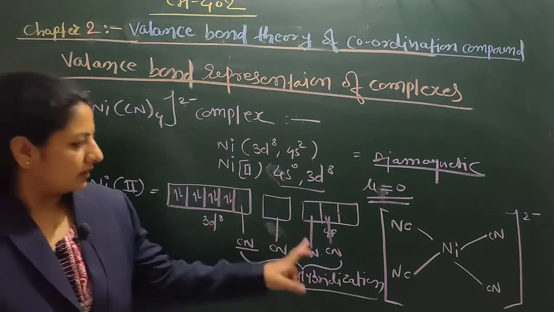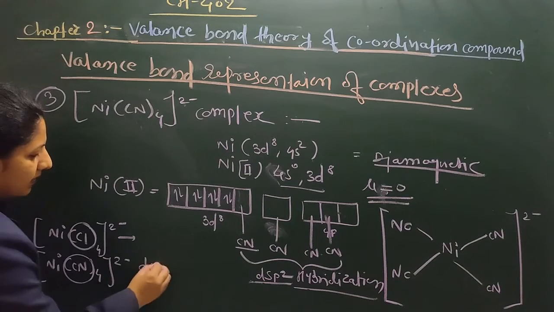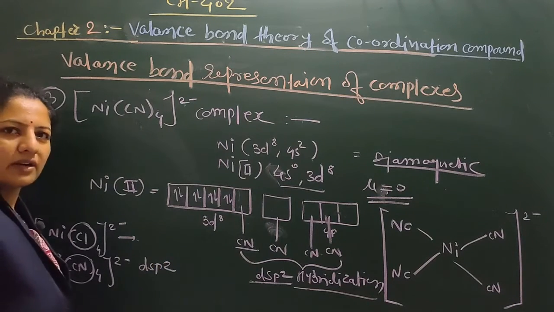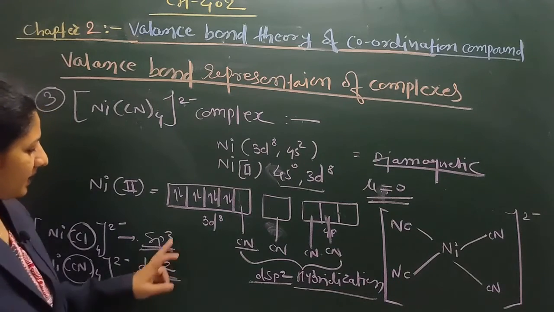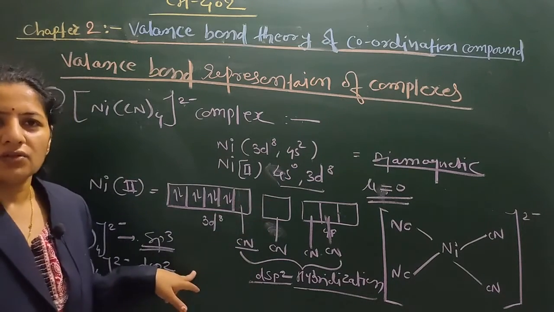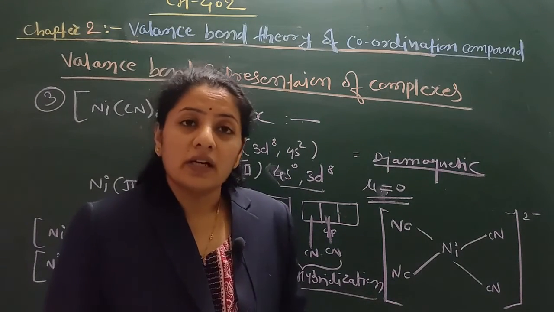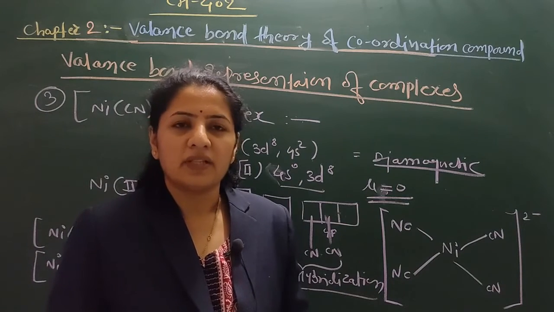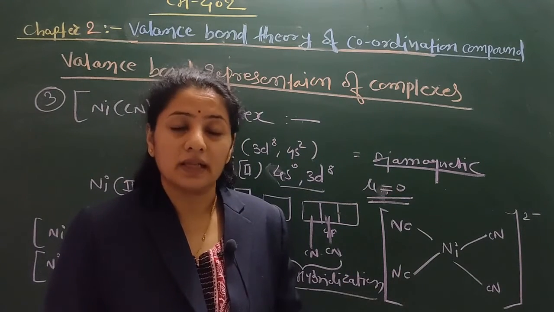So the hybridization is different: dsp2 for this, and for nickel tetrachloride we discussed that it is sp3 hybridization. In magnetic behavior, that one is paramagnetic and this is diamagnetic. This difference is very clearly explained by VBT by representing such complexes with different ligands. Now let's discuss the next one.